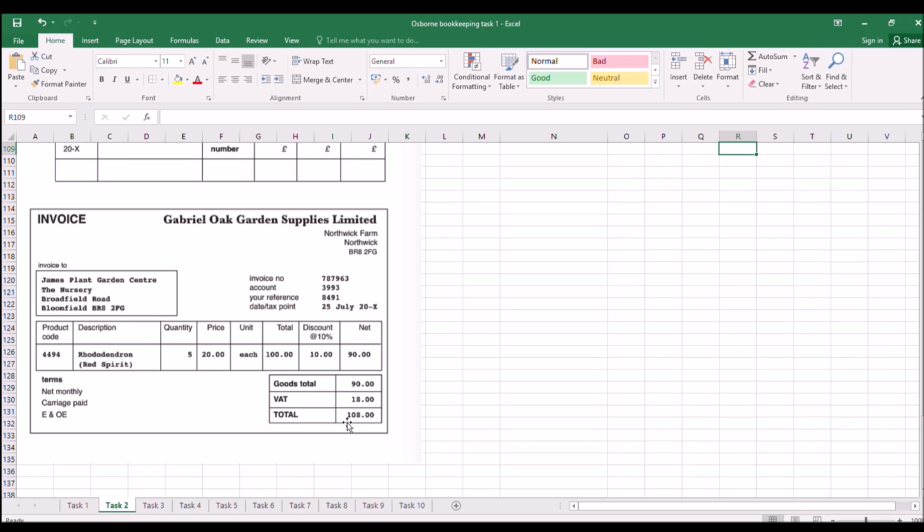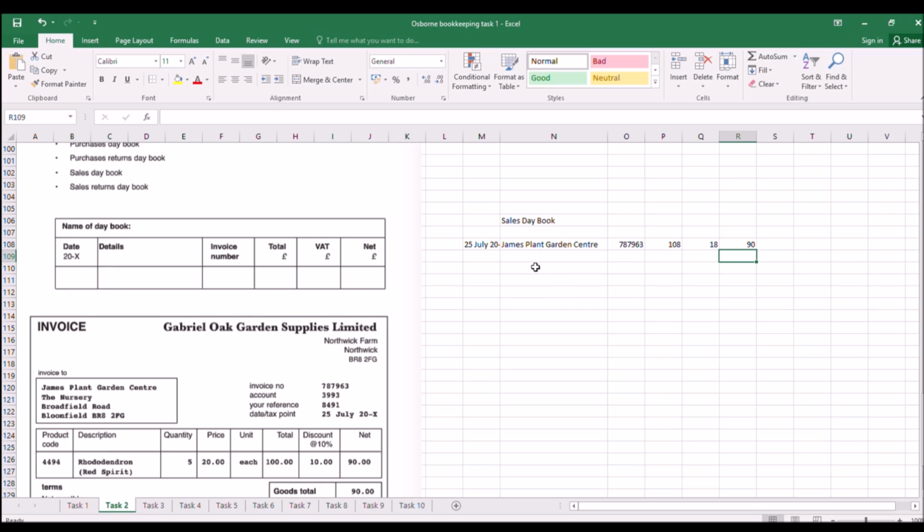So we've basically taken the total figure, which is what they owe us, the VAT, and then this net figure. And just to show what would happen to this sale in the sales day book, this would go into the sales ledger control account, the VAT account, and the sales. All of these are in the general ledger.